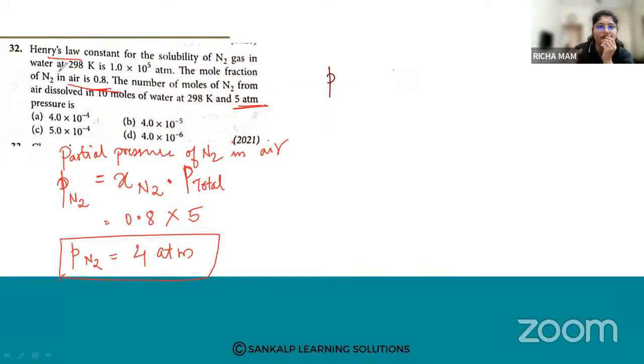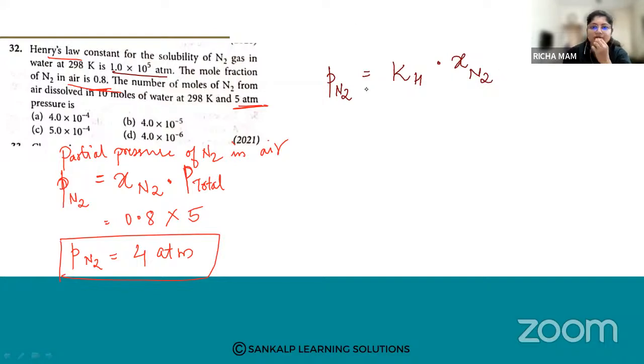So by using this, we can calculate the number of moles of N2 from air. The pressure of N2 is equal to Henry's constant into the mole fraction of N2. That is your Henry's law.